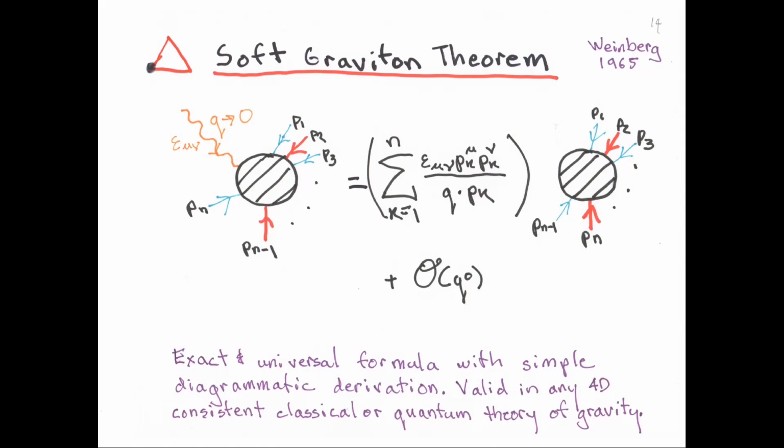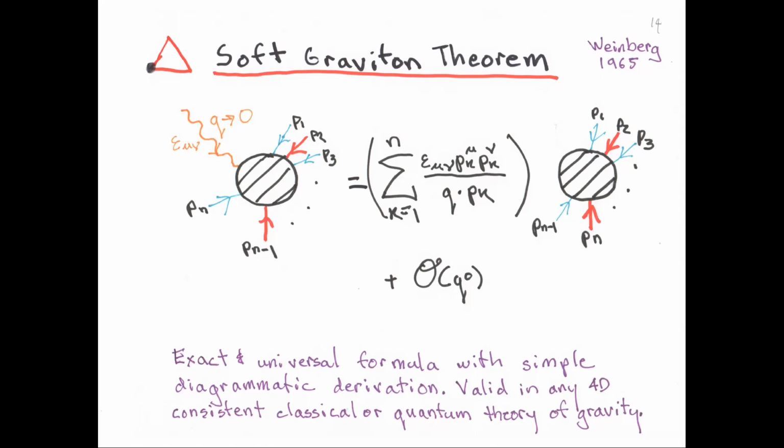We've got a 1 over, so what is this? This is the sum of the graviton momentum dotted into the momenta of an external particle at the bottom, and on the top we have the square of that momentum dotted into the polarization tensor. You take this ratio and sum it over all the external particles, and that's a number. And so the soft limit is just a number times the amplitude without the soft insertion. And then there are corrections to that.